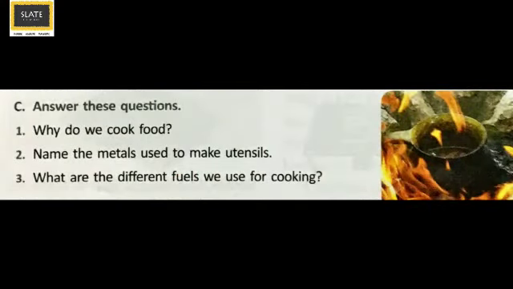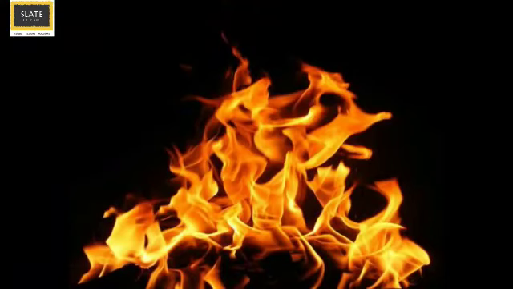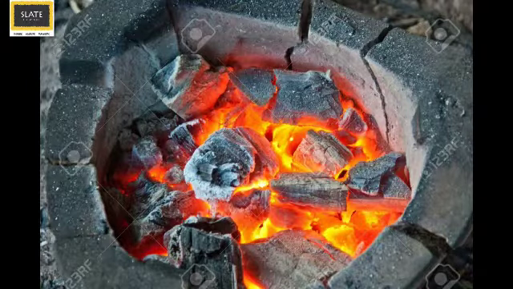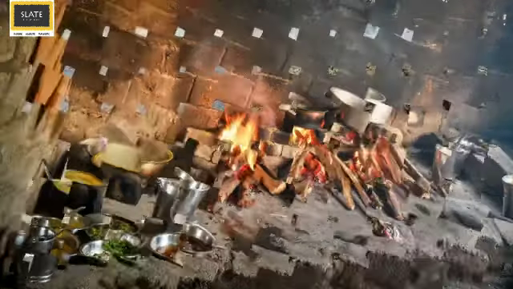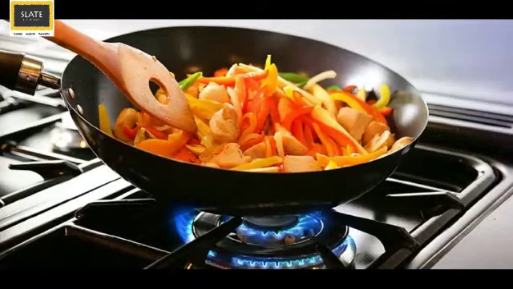The third question is, what are the different fuels used for cooking? Now Slaters, what is fuel? Yes, fuel is things that produce heat on burning. Now in villages, people use coal, wood and cow dung cakes, isn't it? In cities, people use LPG mostly for cooking.